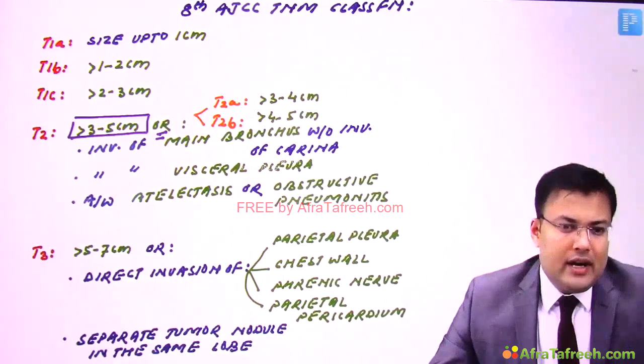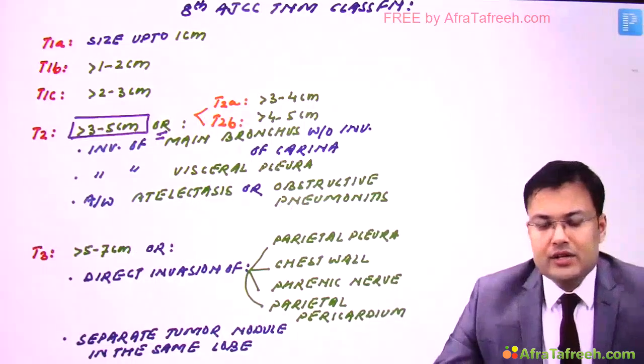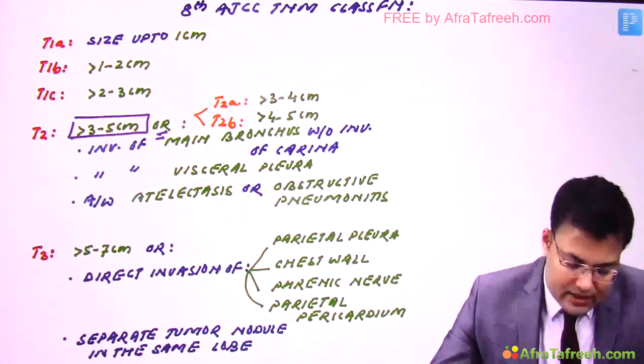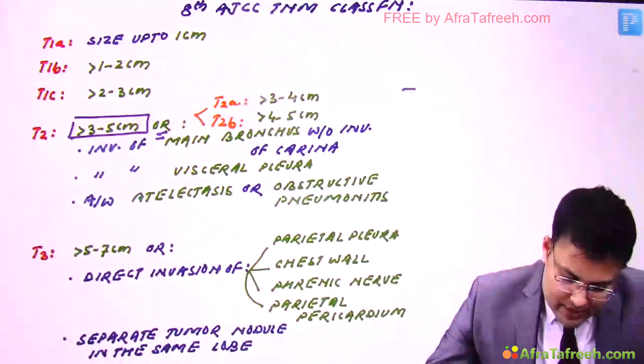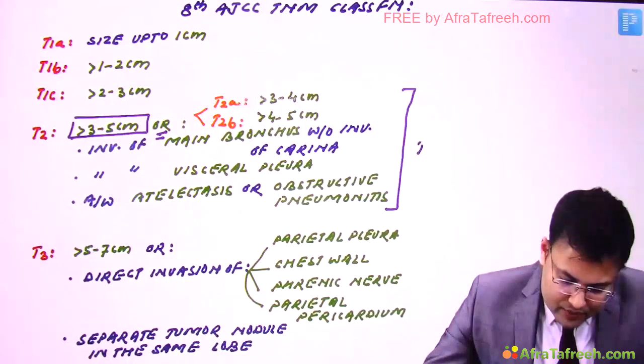So what? Involvement of main bronchus, involvement of visceral pleura, or association with atelectasis or obstructive pneumonitis, all these will be included in T2.